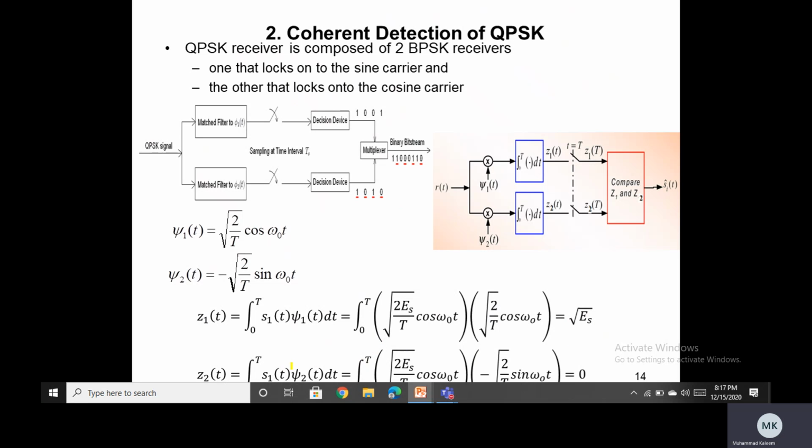The other case is again s1(t) psi2(t), and if you put the values inside and integrate over 0 to T, putting the values of cos omega t and sin omega t for a particular phase, you get 0. So 1 and 0 are being received at the receiver side.